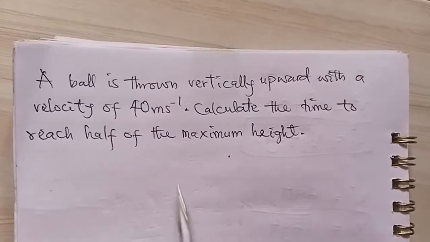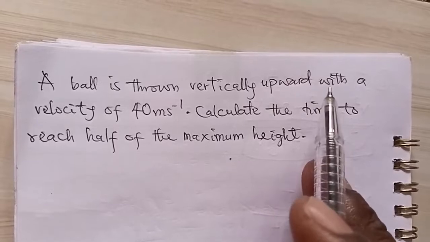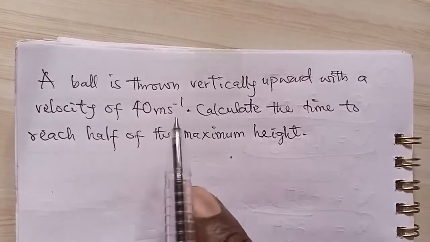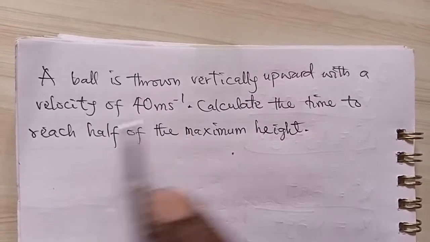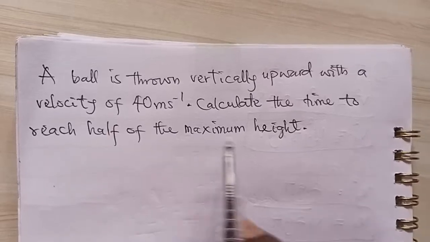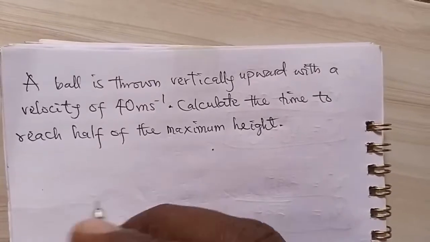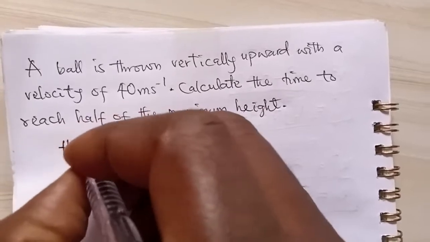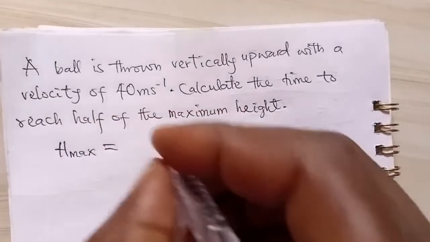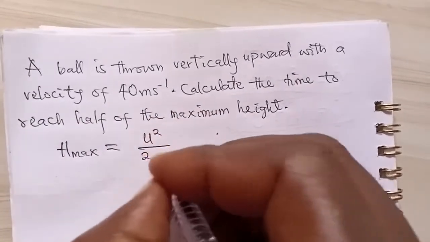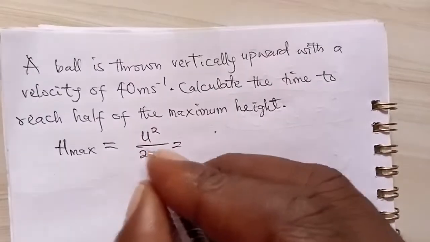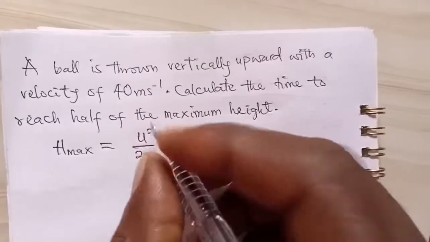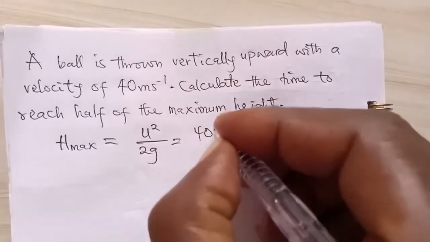This question says a ball is thrown vertically upwards with a velocity of 40 meters per second. Calculate the time to reach half of the maximum height. Now, since we were not given the maximum height, we know that maximum height is given as u squared over 2g. So we need to find the maximum height first. We were given the velocity to be 40.